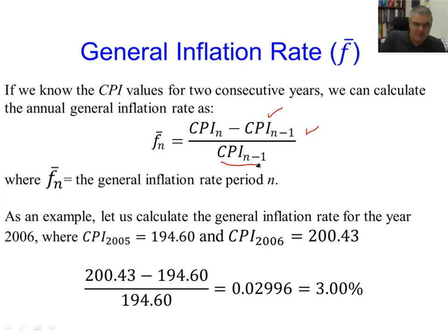So in this case, the general inflation rate for period n is shown as F bar sub n, or F sub n bar.